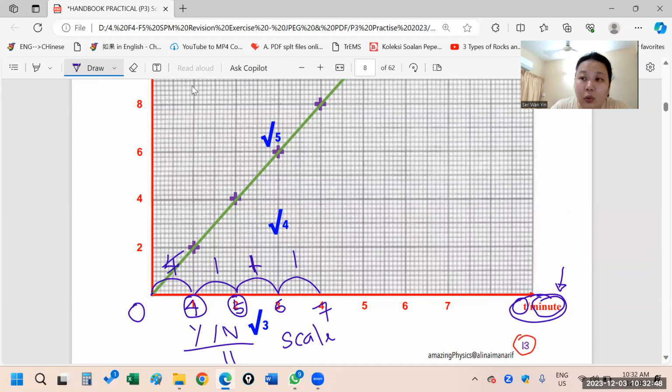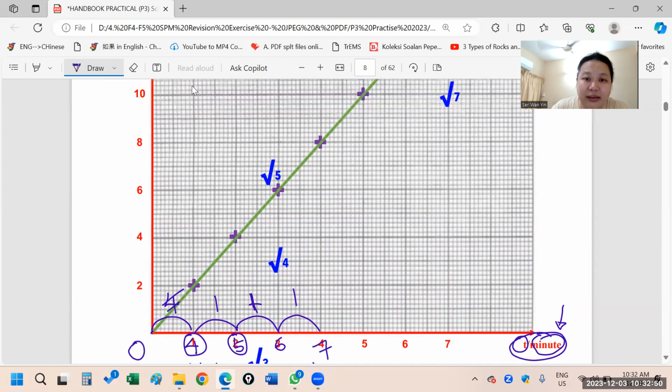Tick number 4 and number 5 is you plot all 5 correctly. So if you plot 3 correctly, you only get 1 tick.